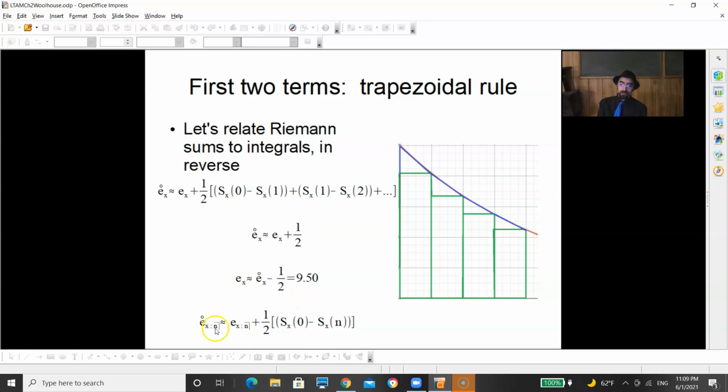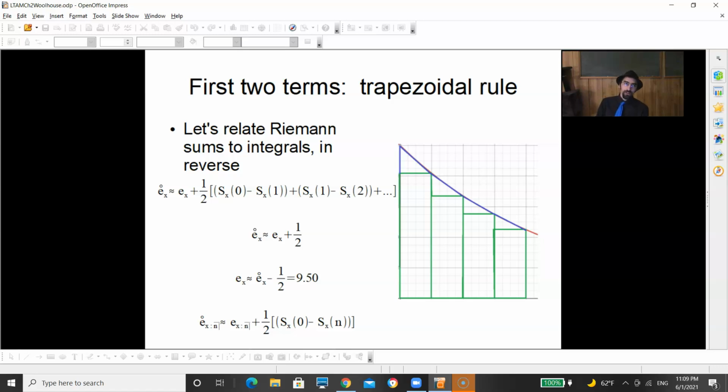So what you get is complete expectation is approximately curtailed expectation plus 1/2 survival at 0 minus survival at 4, or n, or however many years I decided to count. Alright, so that's the two-term Woolhouse approximation.